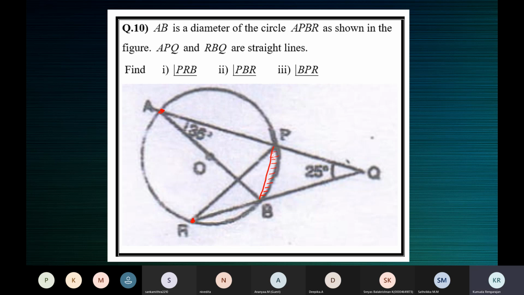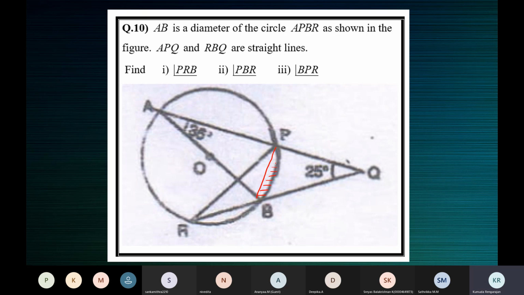I've shaded the minor segment. With respect to the chord PB, there are two segments, the major and the minor segment. When you connect the points P and B, that is a chord PB.